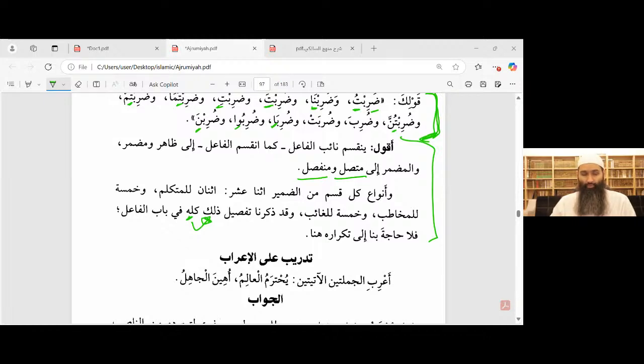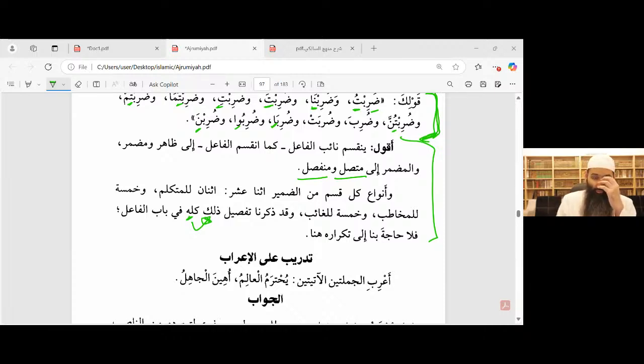It has no mahal. There are many examples, like silatul mawsul has no mahal. If I say jaa alladhi fid dar, alladhi is mawsul, and it has a sila, fid dar. This jumla, silatul mawsul, has no mahal.